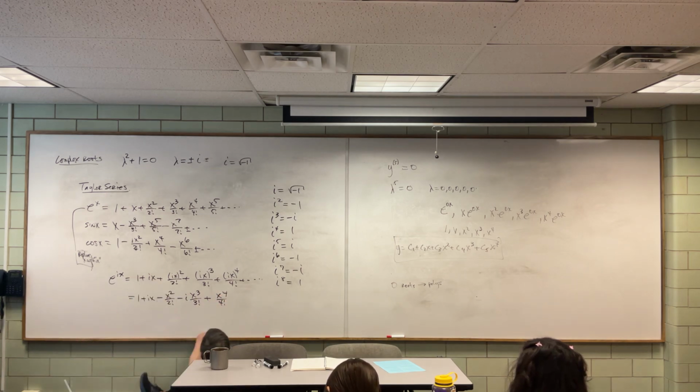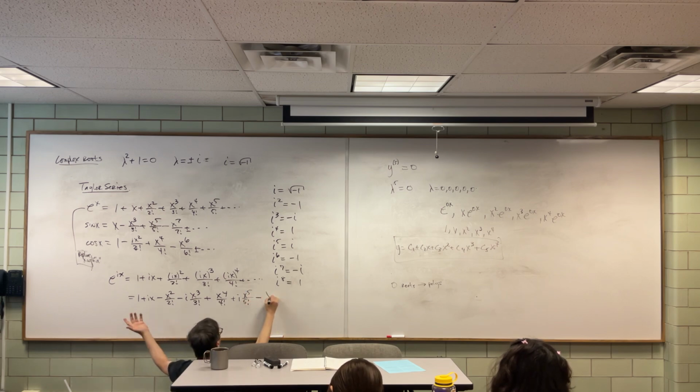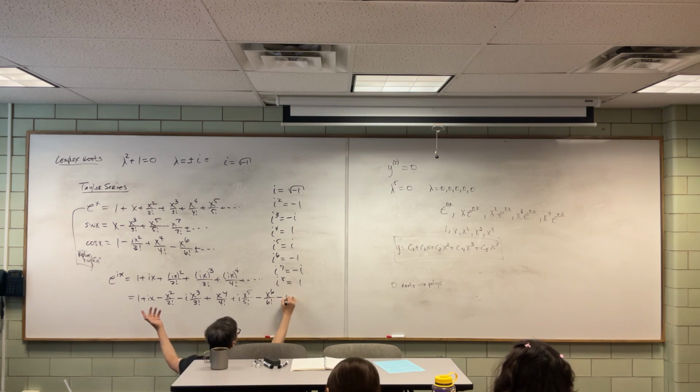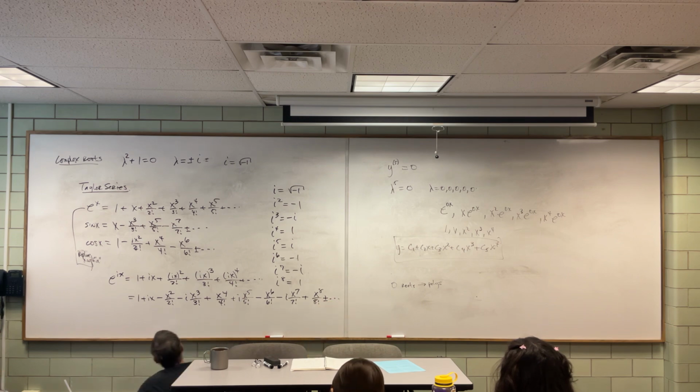And then what would come next? i to the 5th is just back to i. And then minus x to the 6th over 6 factorial minus i x to the 7th over 7 factorial. Back again to x to the 8th over 8 factorial. And then it goes plus a couple times, then minus a couple times, and so on and so forth.